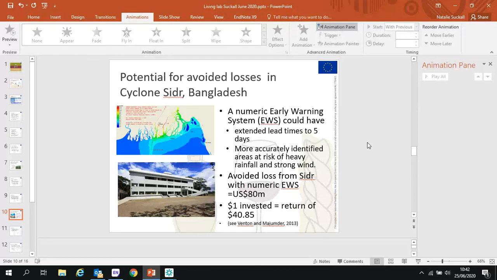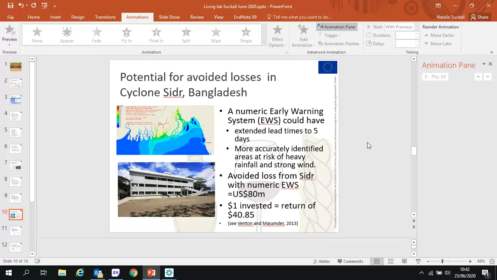A lot of these examples come from early warning systems and disaster risk reduction efforts. In terms of using this method on a longer timescale, like seasonal, I'm not entirely sure.